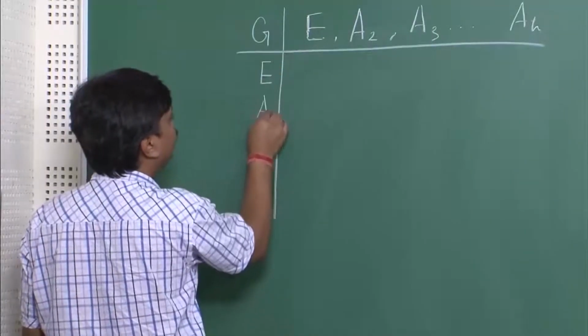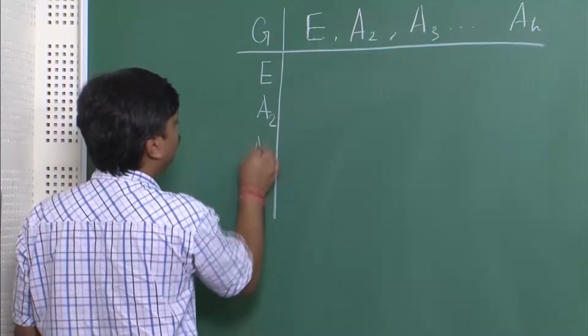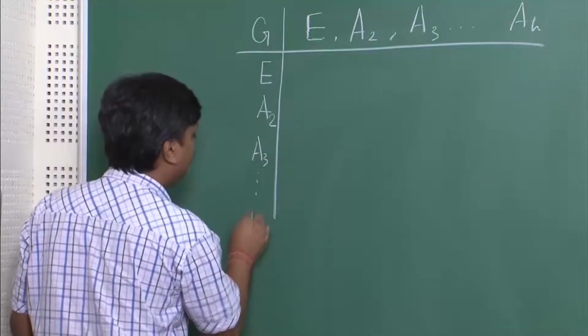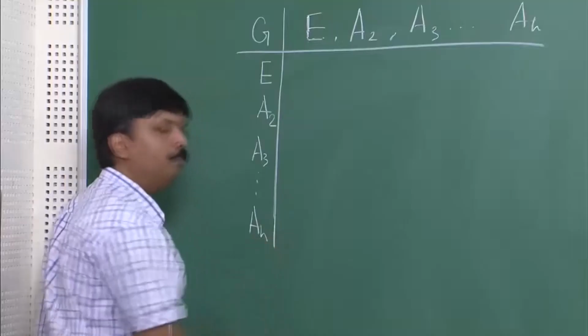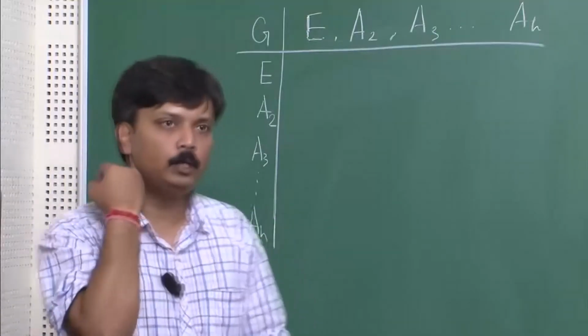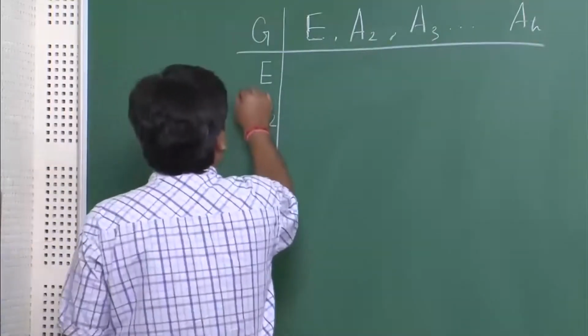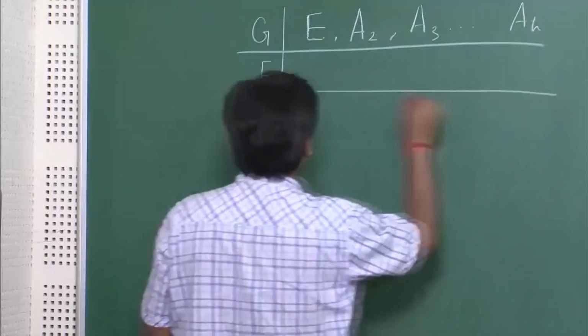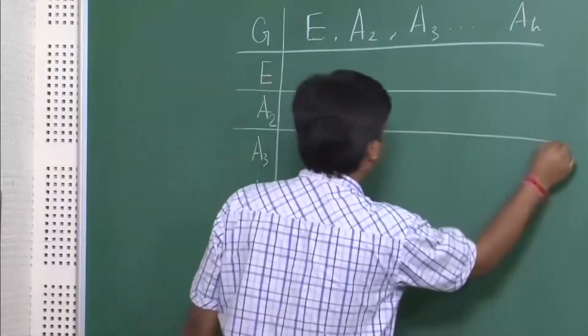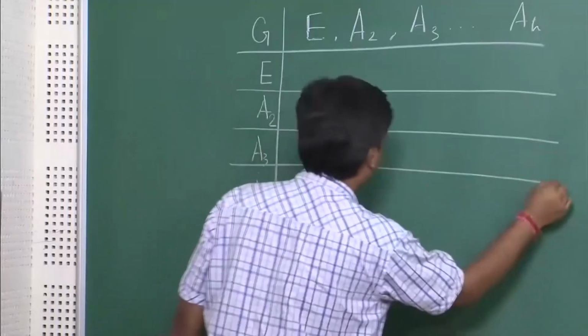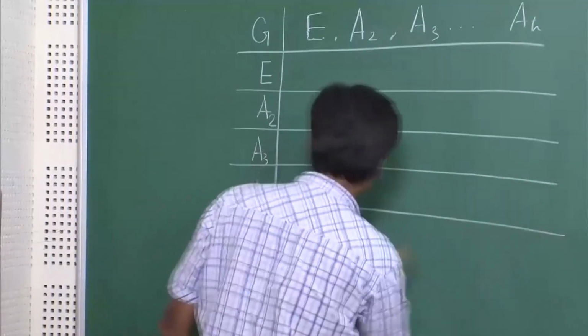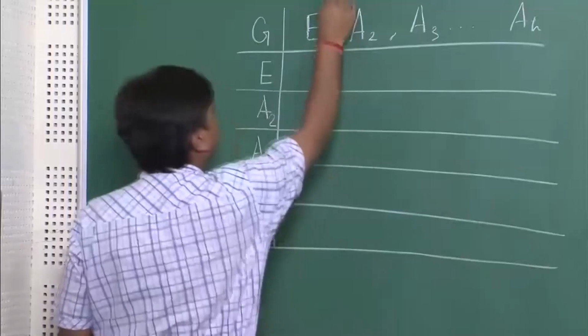So we will write E, A2, A3 up to AH. So by now you probably have figured out what we are going to do next. So we will get H number of rows and H number of columns, right.